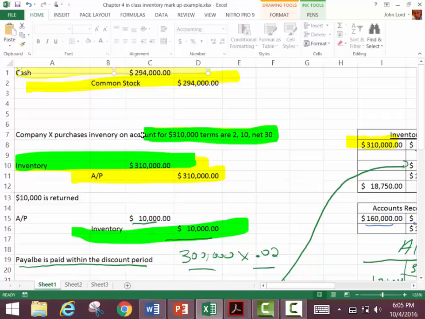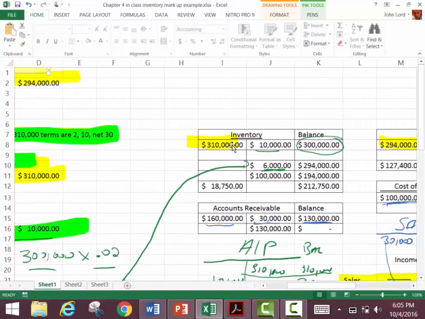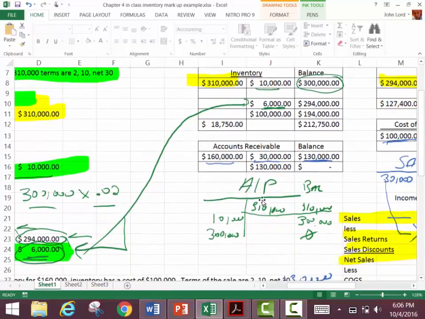I think I said, how come they don't call it 2/10 gross 30, since the gross amount is due in 30 days? But they pronounce it 2/10 net 30. When we purchase that inventory, we debit inventory and credit accounts payable. I posted those, debiting inventory for $310,000 and crediting accounts payable for $310,000, simply posting those journal entries, right?